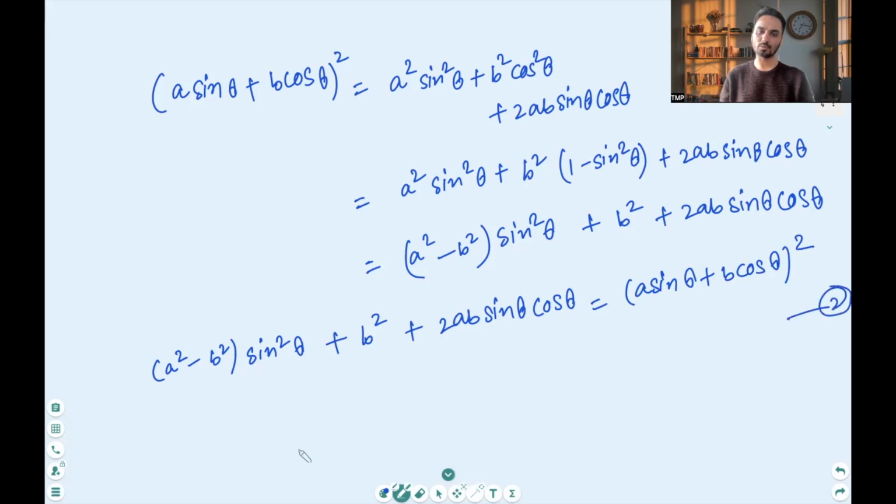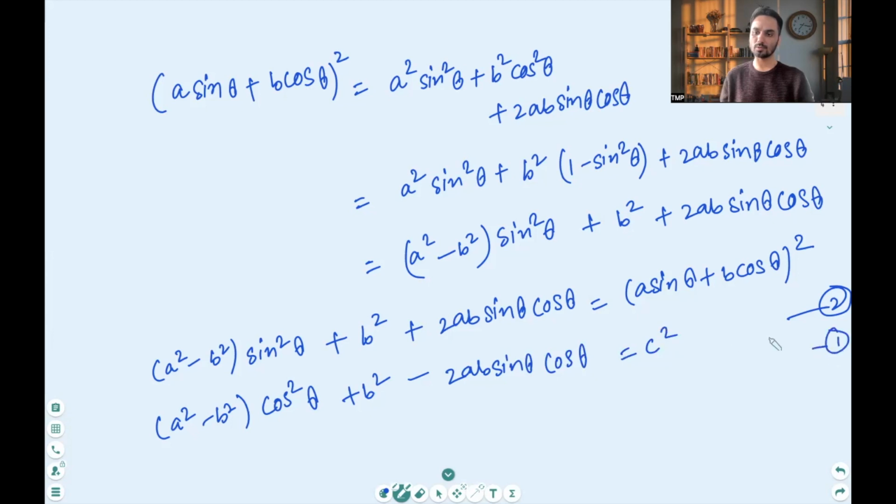This is equation 2. And equation 1 was a square minus b square cos square theta plus b square minus 2ab sine theta cos theta equals c square.